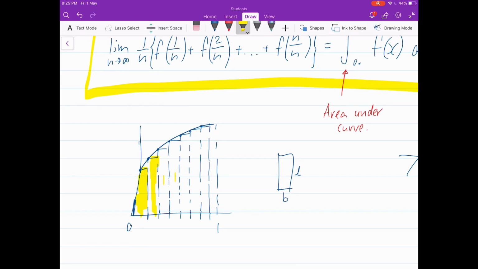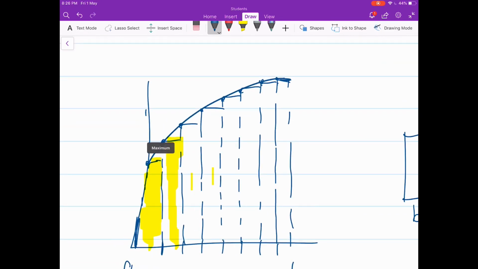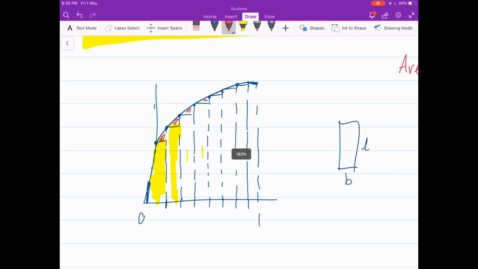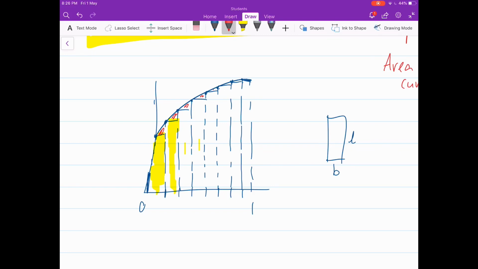If I were to sum up all the areas of these rectangles, wouldn't that be an area close to the area under the graph? But then you say, hold on, Mr. Pang, but then these empty bits over here, they're not counted in your area, it's less than the correct answer. I say, and that's true.